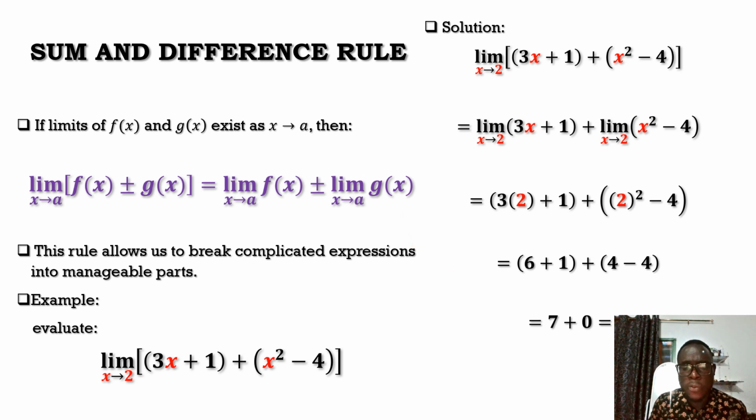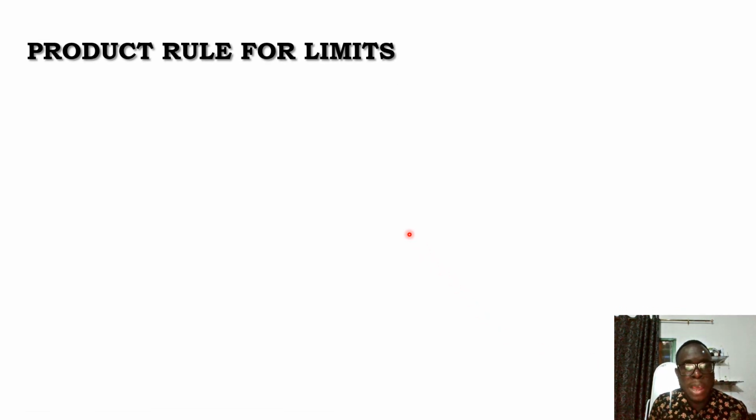Now let's move to the next rule, and the next rule is known as the product rule for limits. What does the product rule say?